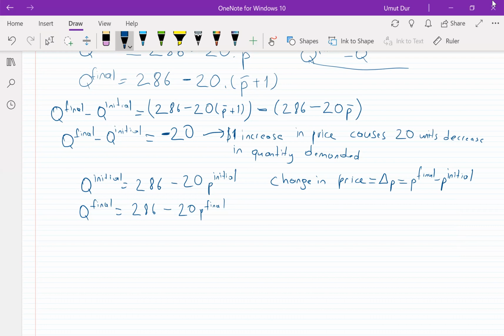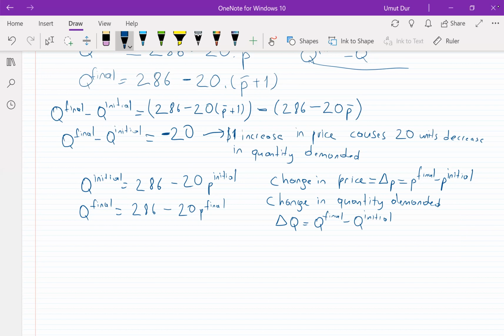Then the change in quantity demanded, which will be delta Q, again will be quantity final minus quantity initial.